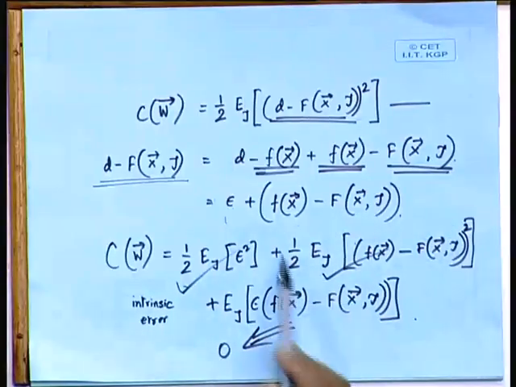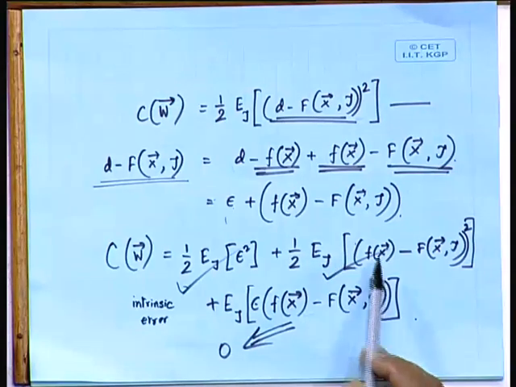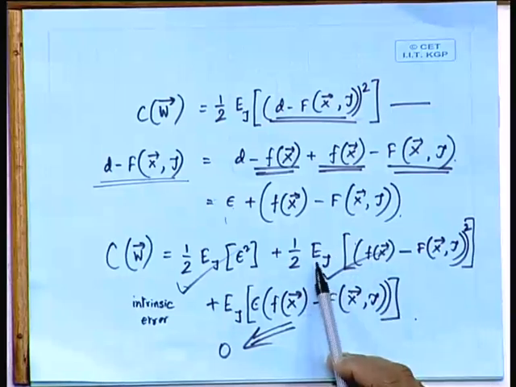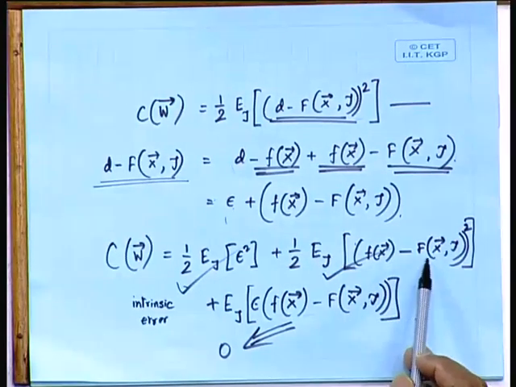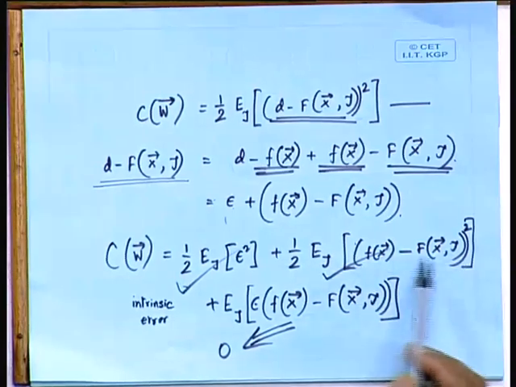So, we get C w as a sum of these two expressions, and out of this, one term is certainly not varying with respect to w. So, if we are doing any optimization with respect to the weight, then this term will not contribute, and what contributes is only this one, that is half of the expectation or the average operator over the training samples for this f of x minus f of x comma tau. In fact, that is what we are interested in finding out.